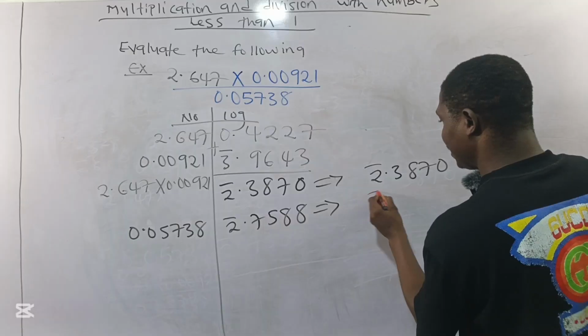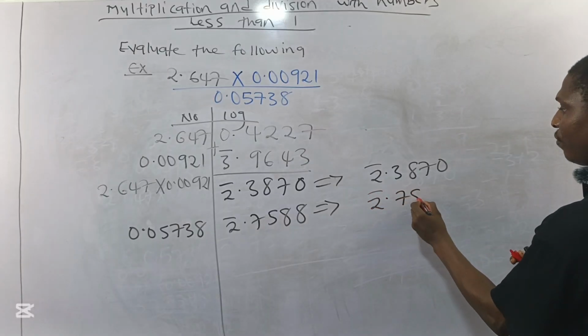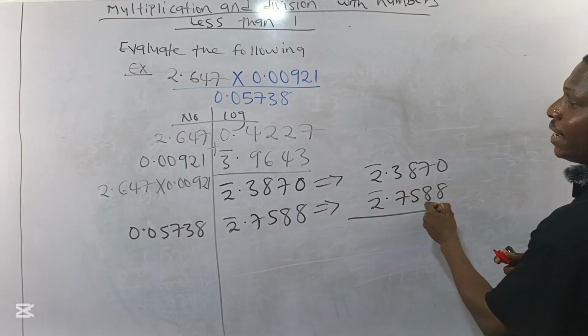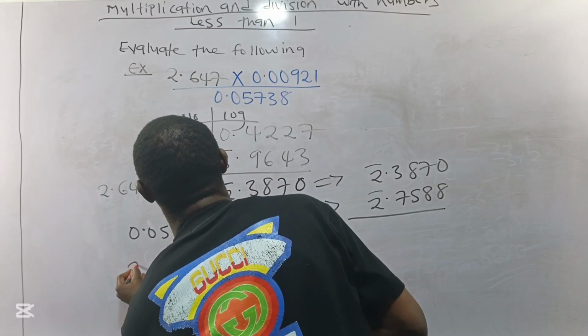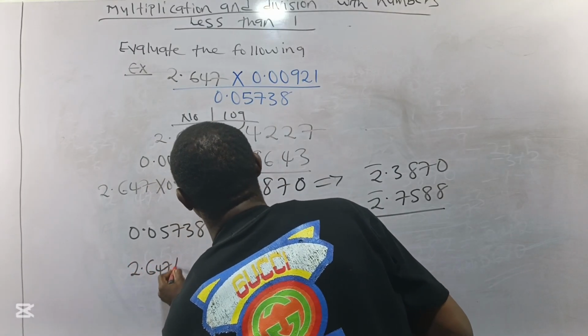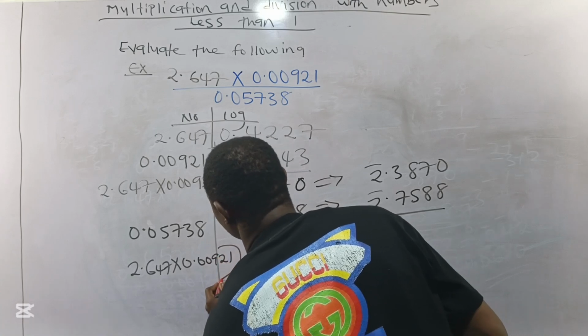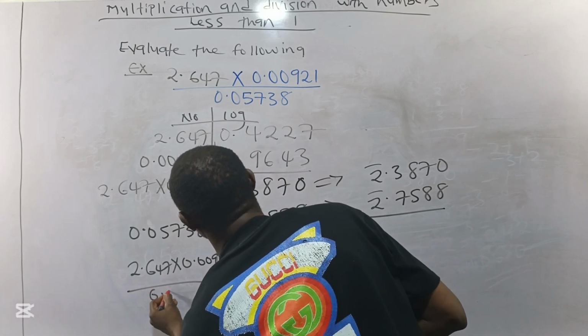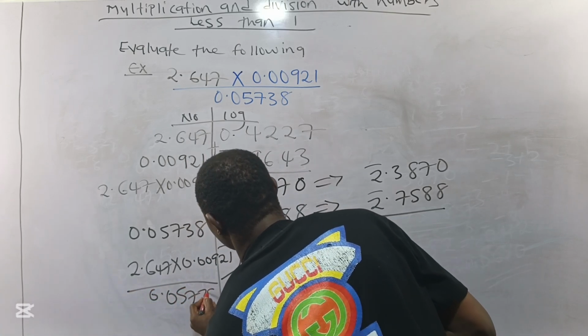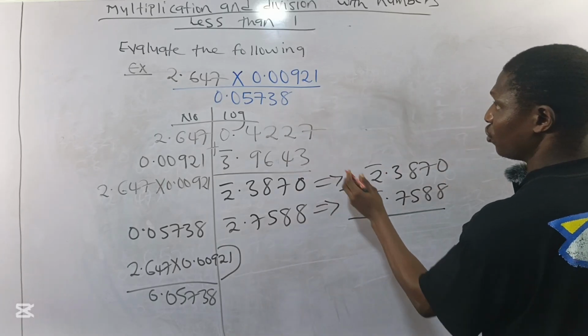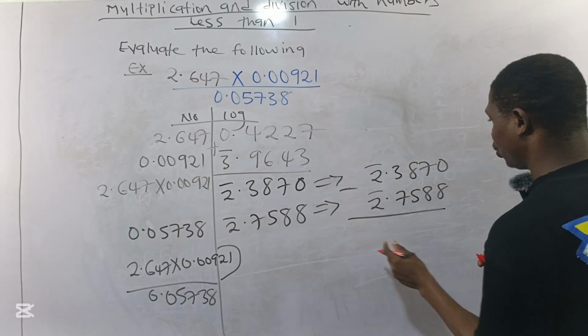And I'll move this to the other side, bar 2.7588. And finally, we have 2.647 times 0.00921 all over 0.0573, so we subtract, because division is subtraction.